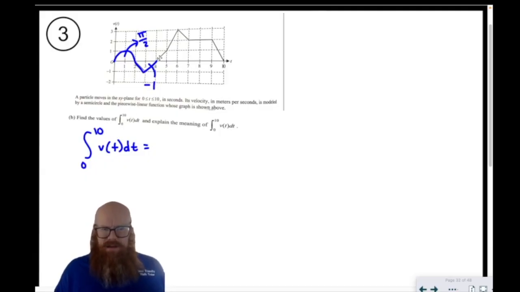Then let's go with this little triangle here. That's going to be 1 times 1 is 1, half of that is 1/2. And then maybe we'll do, let me think about this.